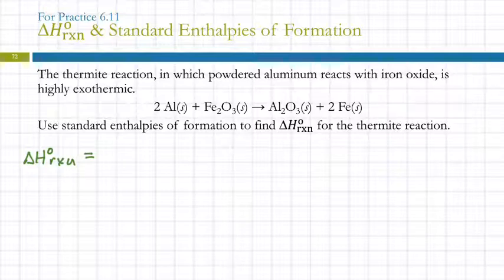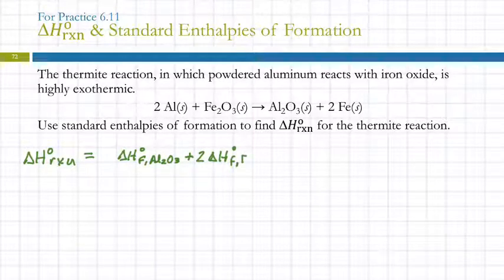So that's going to be the heat of formation for aluminum oxide, with no coefficient in front of it, and then 2 times the heat of formation for iron. Those are my products. And then I'm going to subtract. I need 2 times the heat of formation for aluminum.